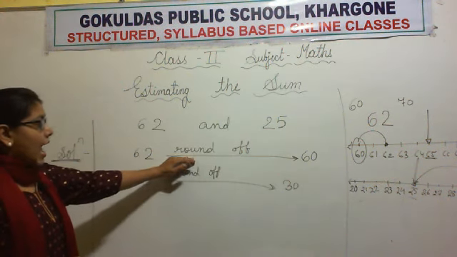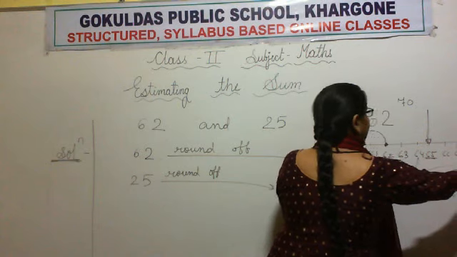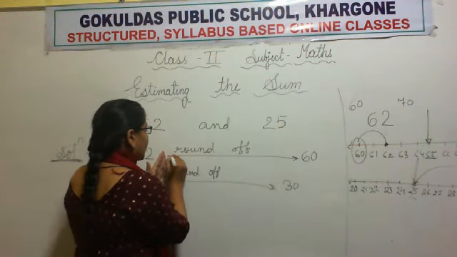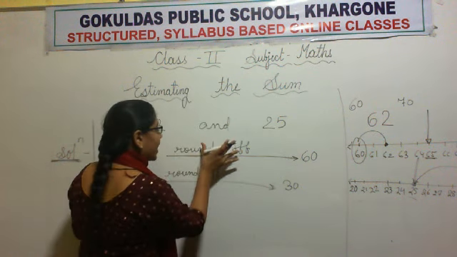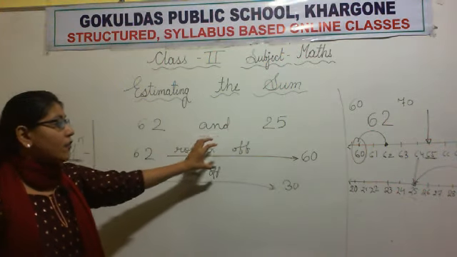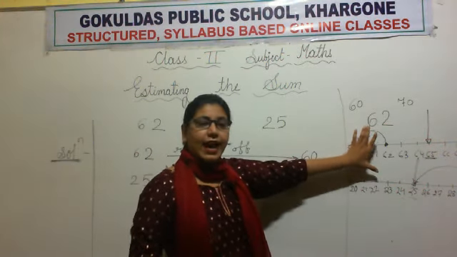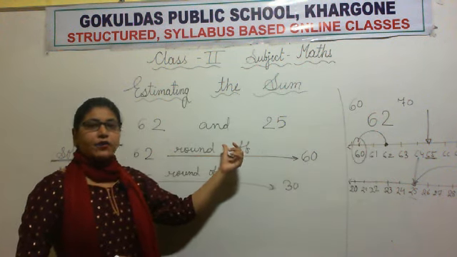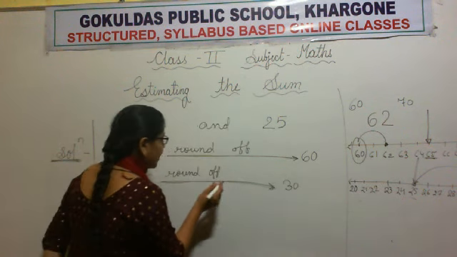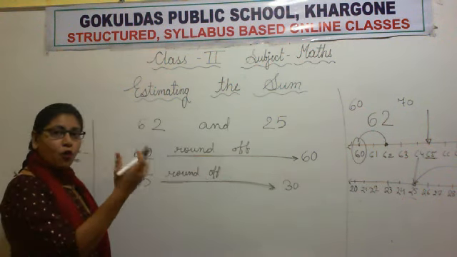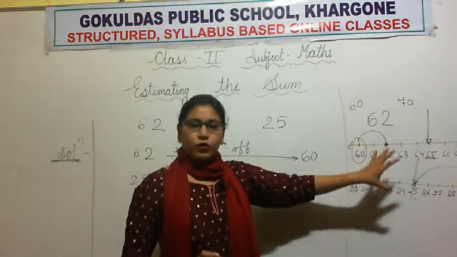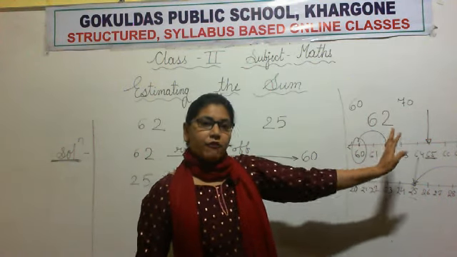As we are not writing this whole solution here, we represent it by drawing a line and writing round off over that line. We are representing the solution which we have done in our rough work.